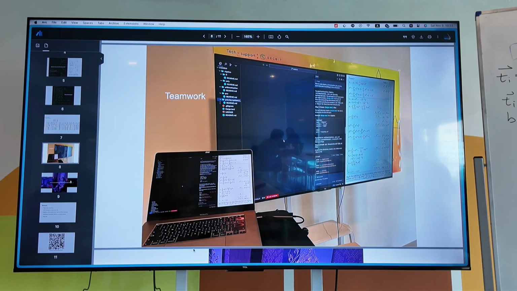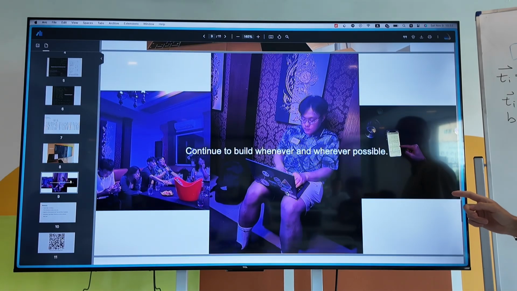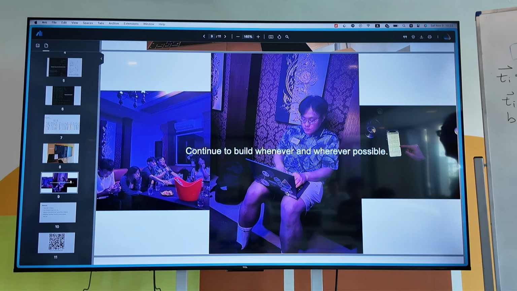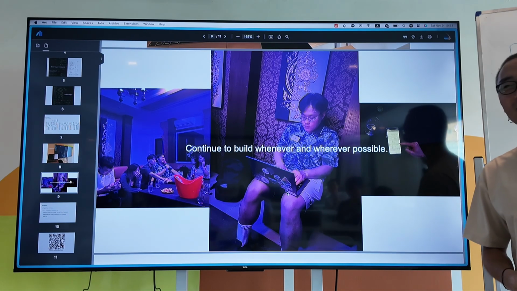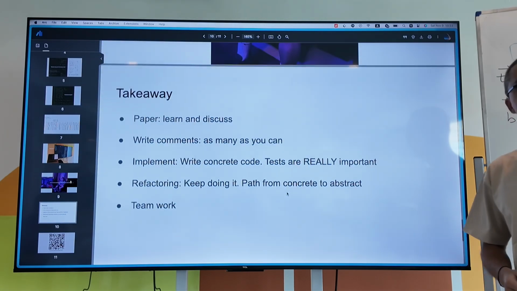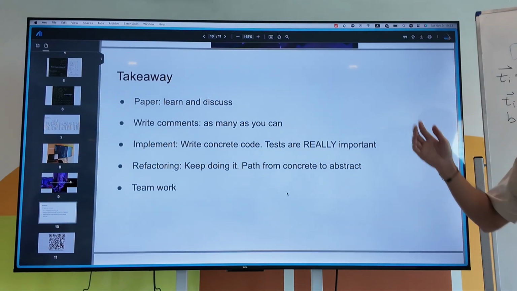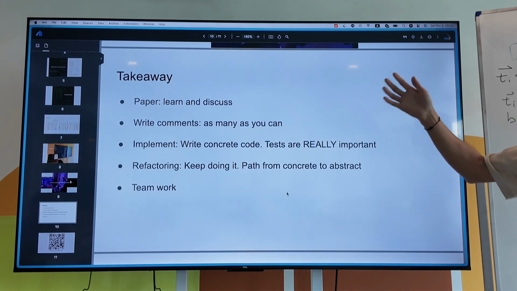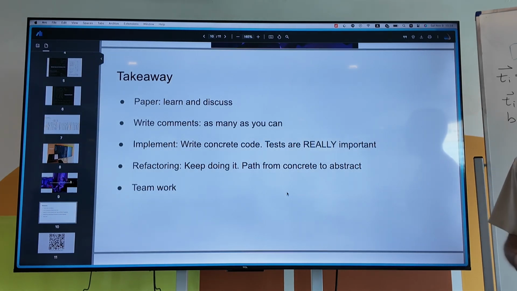And you can continue to build wherever possible. It's also teamwork.